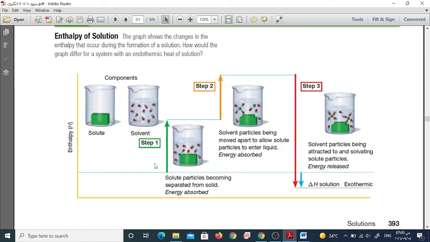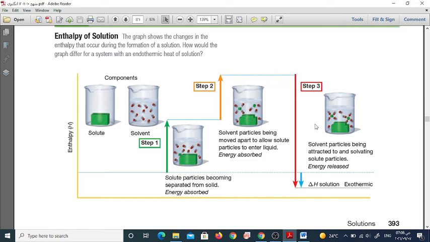So, if the sum of step 1 and step 2 energy is greater than step 3, in which the solvent particles are attracted to and solvating the solute particles, the solution will be endothermic. If the sum of step 1 and step 2 is less than step 3, then the solution will be exothermic. Okay?